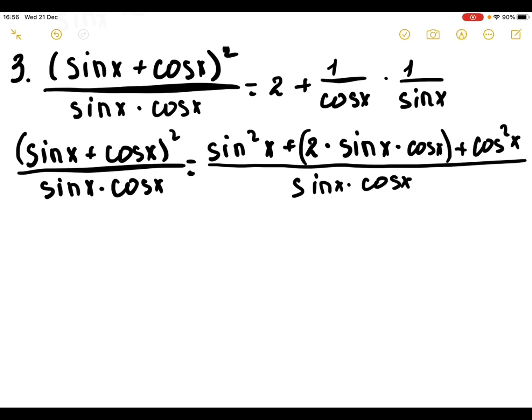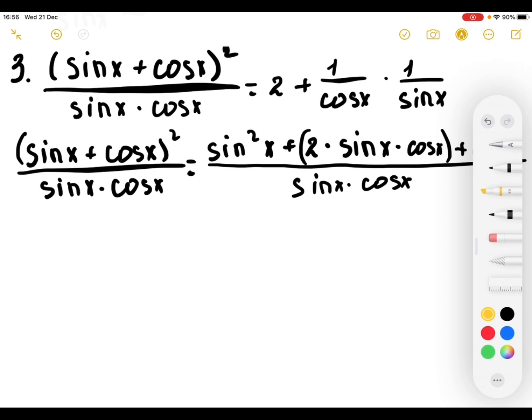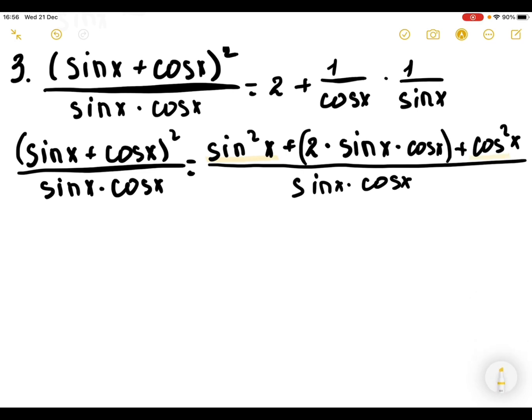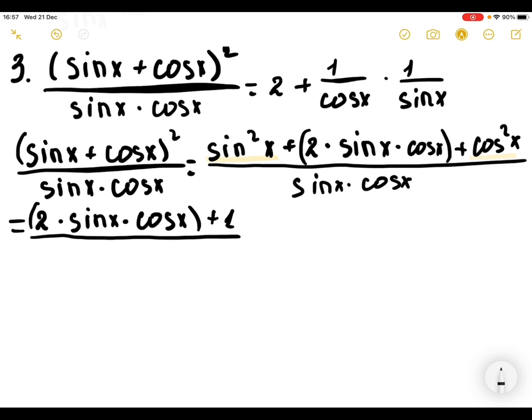And here the sum of sine squared x plus cosine squared x is the formula. It will be 1. So equal to 2 multiplied by sine x multiplied by cosine x plus 1, divided by sine x multiplied by cosine x. And separate the fractions.